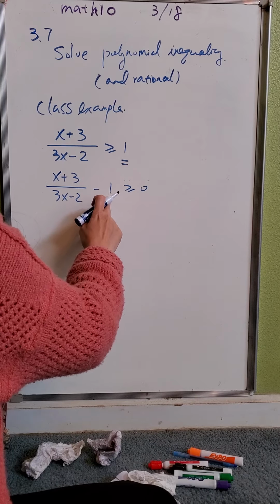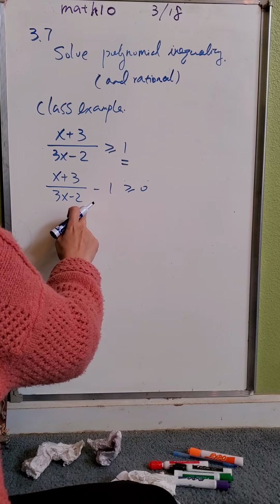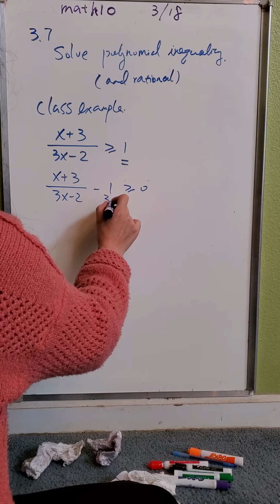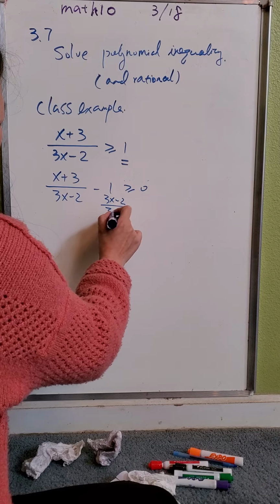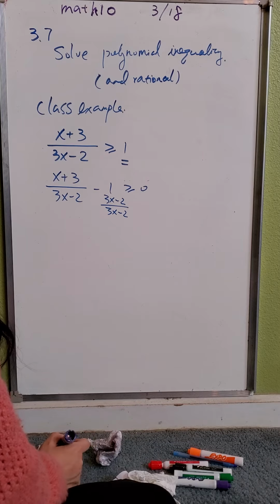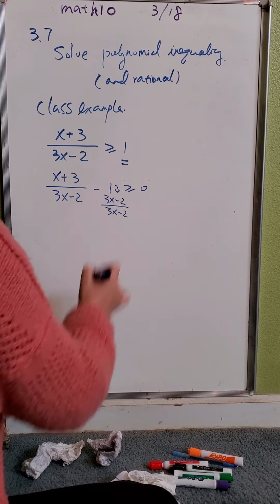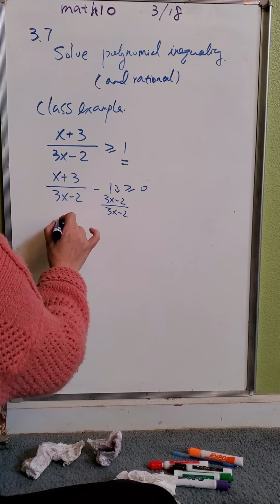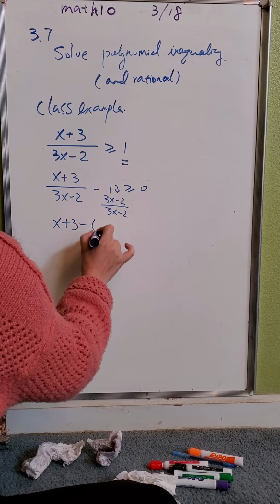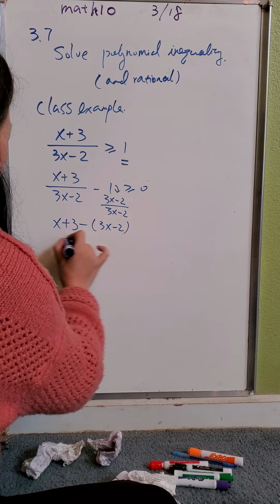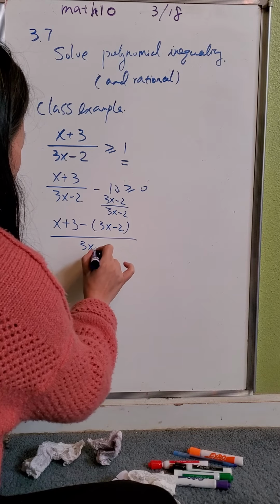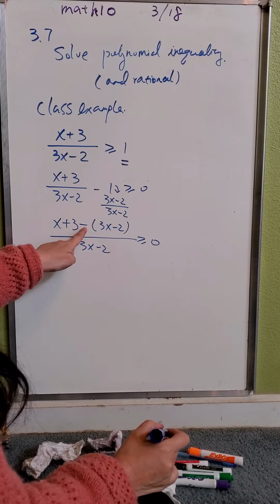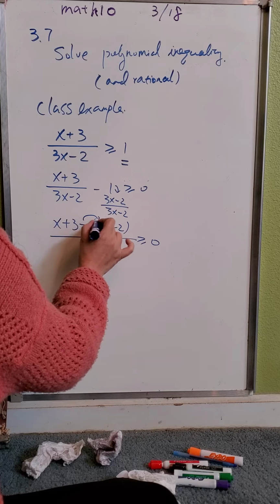And then make this to be 3x minus 2 over 3x minus 2. And so that's how you're going to go. And then now we're going to combine the top. And make sure you don't forget the negativity.